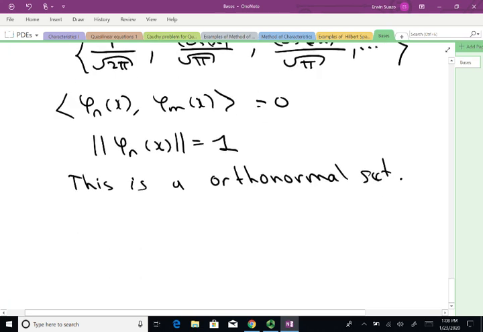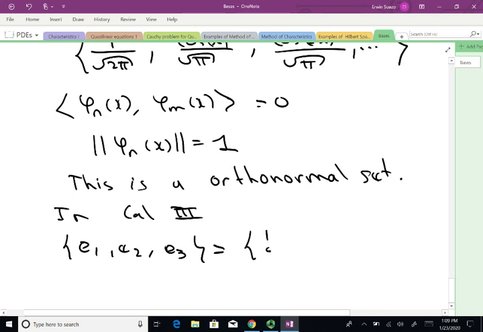So why do we want that? Because remember, in calculus 3, you have a basis e1, e2, e3, right? That is (1, 0, 0), (0, 1, 0), and (0, 0, 1).